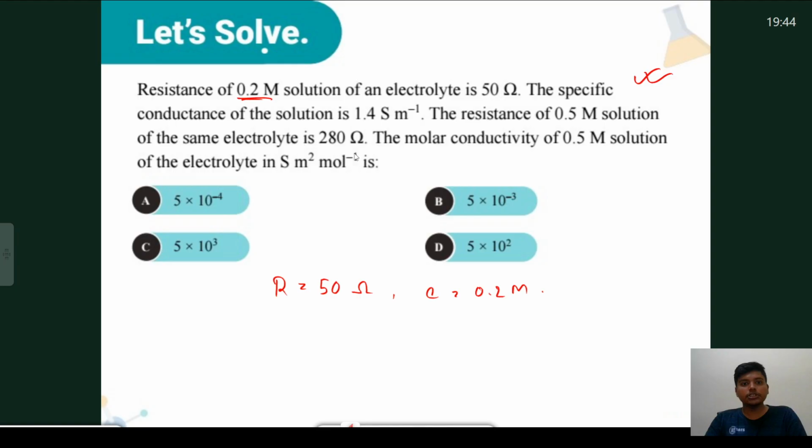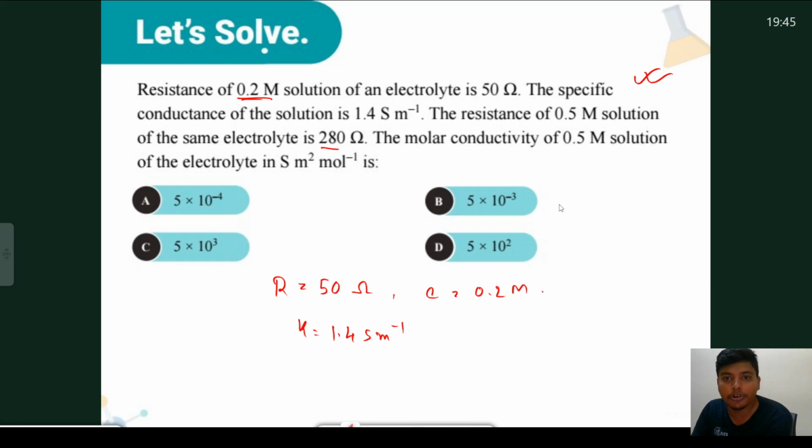The specific conductance of the solution, kappa, is given as 1.4 Siemens per meter. The resistance of 0.5 molar solution of the same electrolyte is 280 ohm. Find the molar conductivity of the 0.5 molar solution of the electrolyte in Siemens meter square mole inverse.